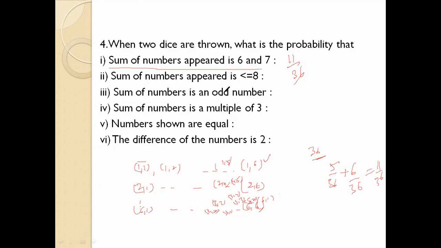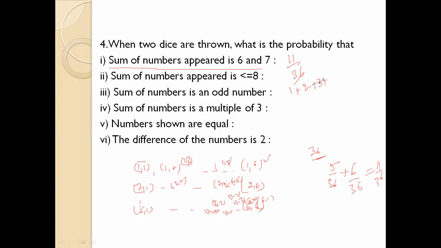The second one: the sum of numbers appearing is less than or equal to 8. Less than or equal to 8 means sum 2 cases: 1 comma 1, 1 case. Sum 3 cases are 1 comma 2, 2 comma 1, 2 cases. Sum 4 cases are 1 comma 3, 2 comma 2, 3 comma 1, 3 cases.